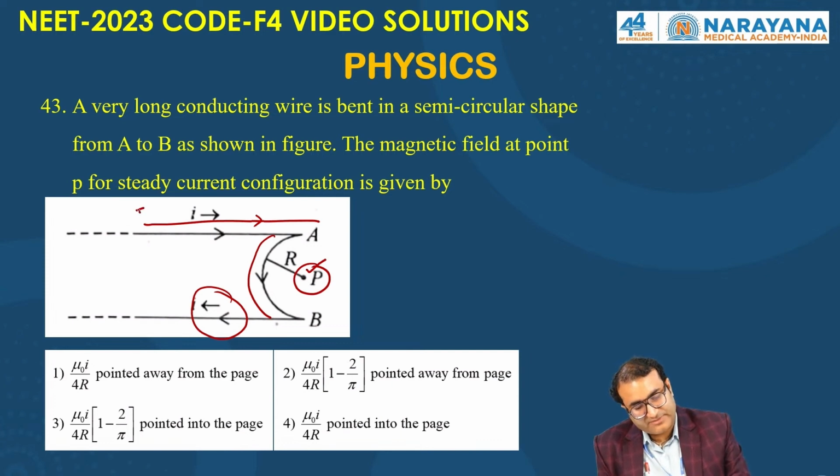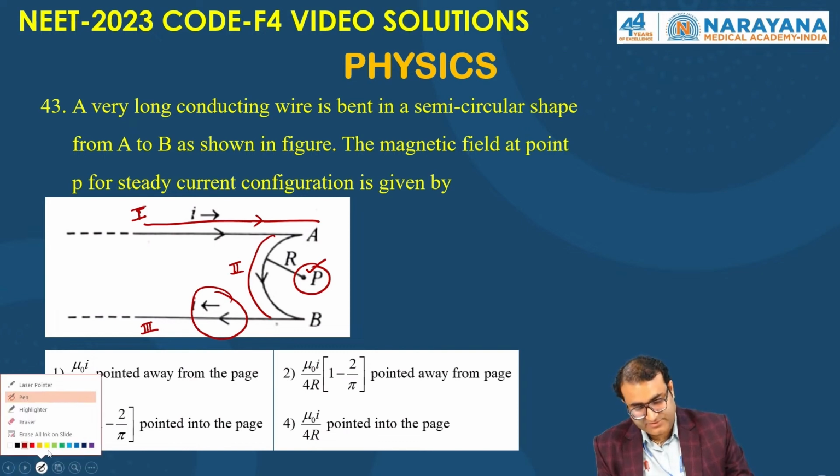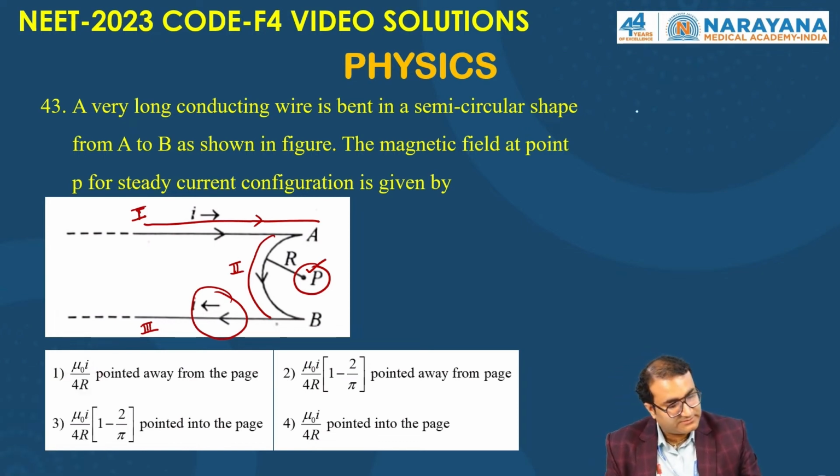So I'll break it into 3 parts, wire 1, wire 2, wire 3, and I am taking out of the plane magnetic field to be positive, sorry. So magnetic field due to wire 1, it is mu naught I by 4 pi r inside the plane.